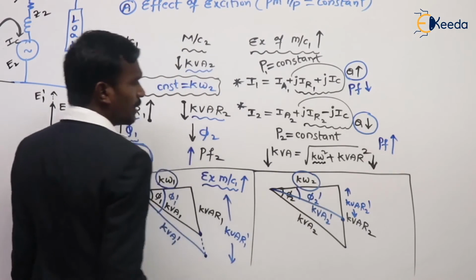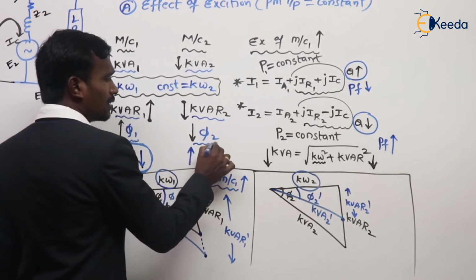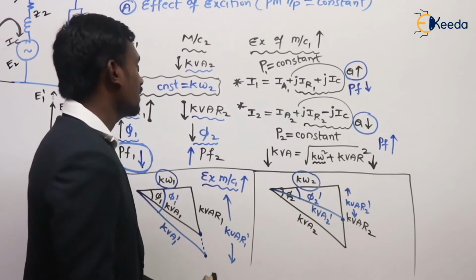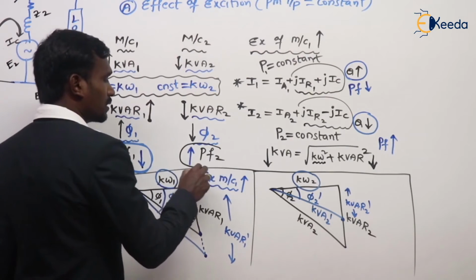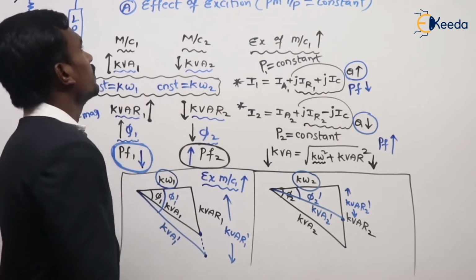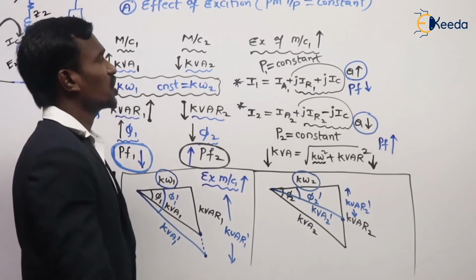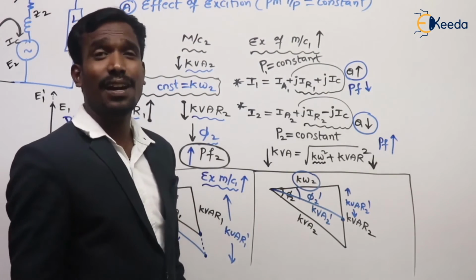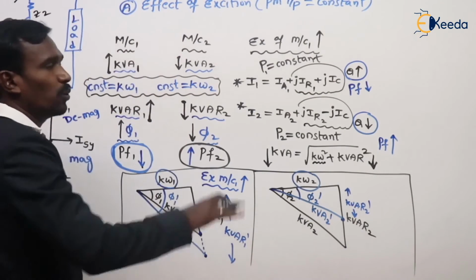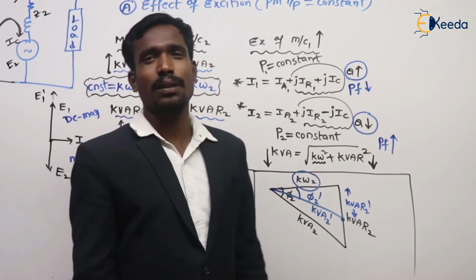Once observe here, the power factor angle also decreases. If the power factor angle decreases, then the power factor increases ultimately. This is the effect of excitation at loaded condition. I gave you two models. You can analyze on your own, whatever it may be.